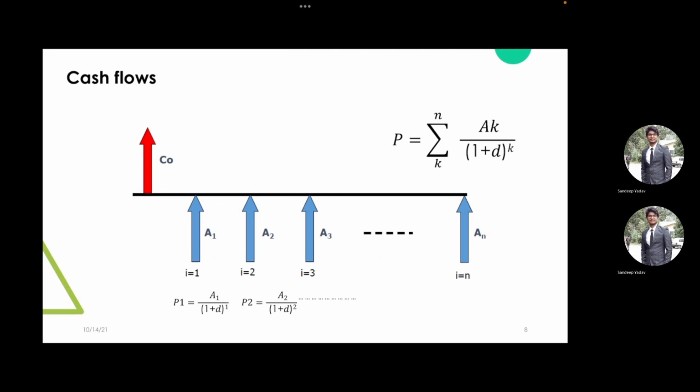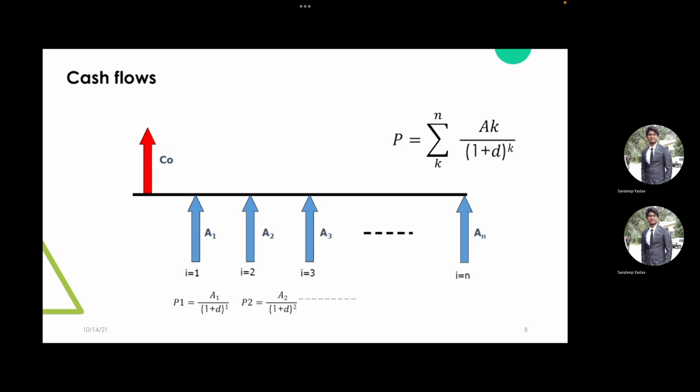Let's say an example: there's a company that has an initial capital cost of C naught, and there is no possibility of borrowing or lending capital. A number of projects are available internally for investment, but suppose for each project they have a capital of C. Now we have to calculate the annual return they are getting.